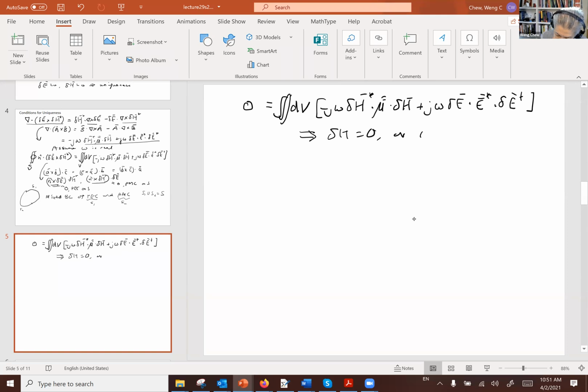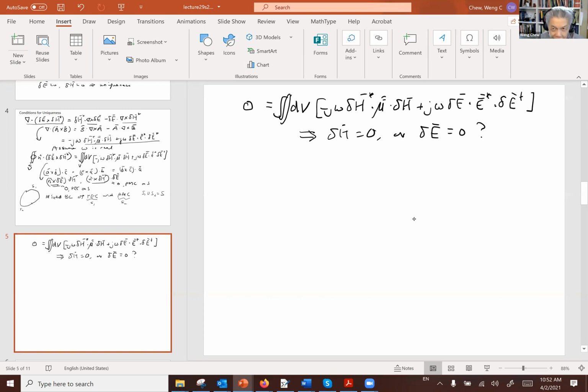If this implies that, then we are done. We have proved uniqueness. That means that with the prescribed boundary condition, the difference solution is always 0, and we are done. We can pack our bags and go home.